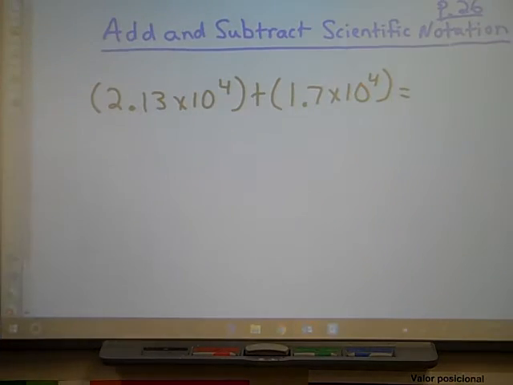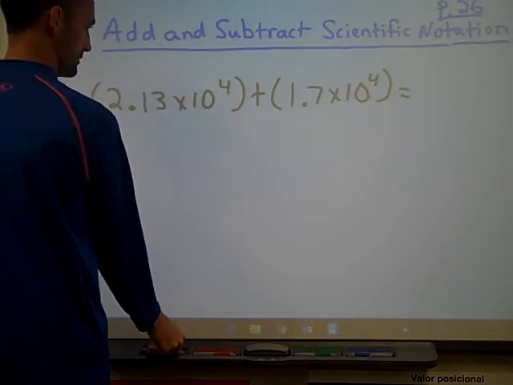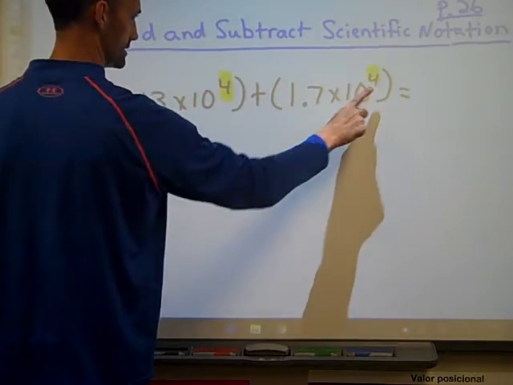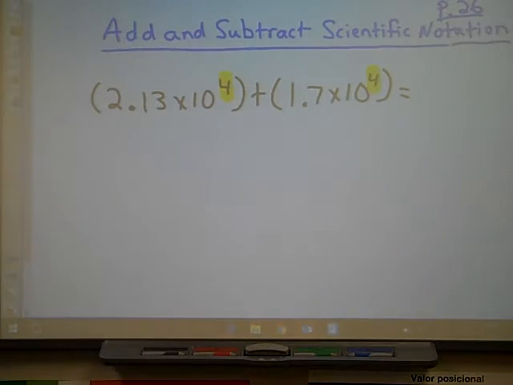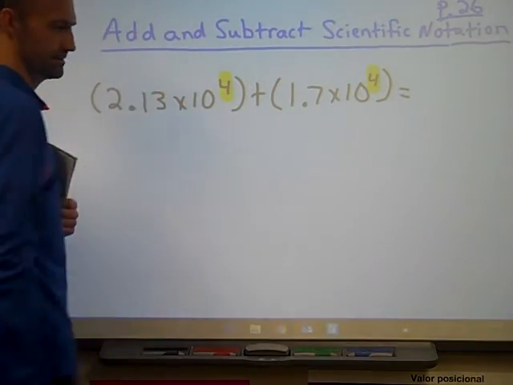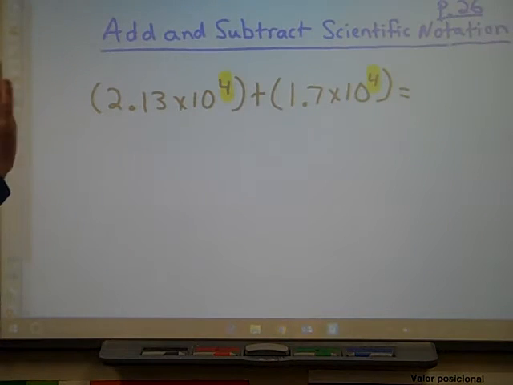And again, stop the video if you need to, making sure that you have this copied correctly. And again, with my highlighter, I'm going to highlight the exponents. Are the two exponents the same? Are they equal? Positive 4, positive 4. Yes, they are. That's good.